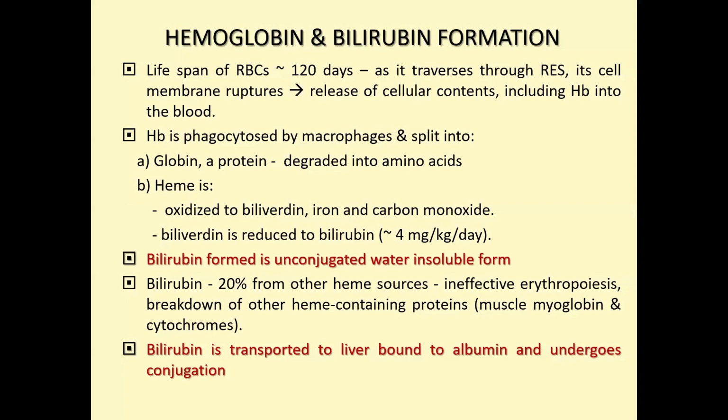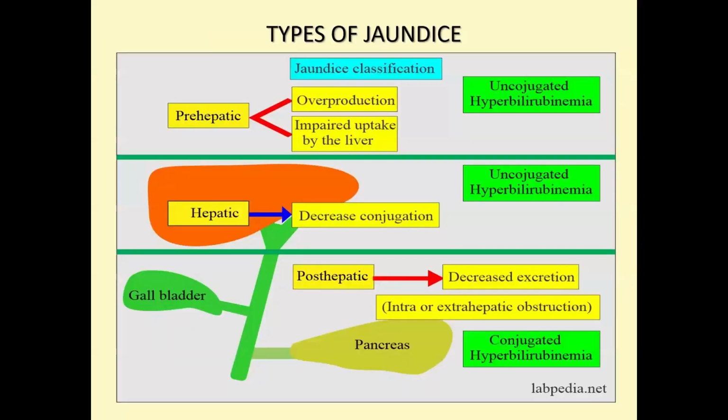After going to the liver, the albumin goes away and there are some transport proteins which take bilirubin inside and cause conjugation with the enzymes to give bilirubin diglucuronide, which is then excreted in the bile. So that is the story of hemoglobin, the entry of bilirubin, and the story of bilirubin conjugation and excretion in the bile.